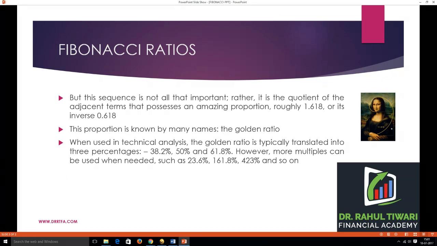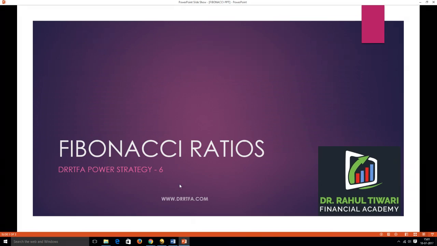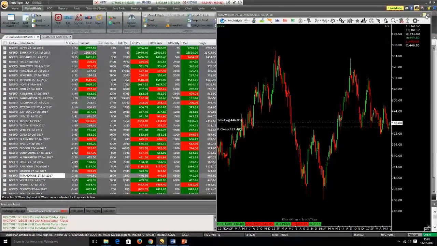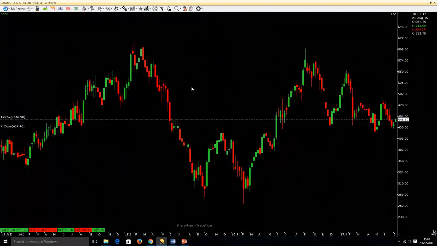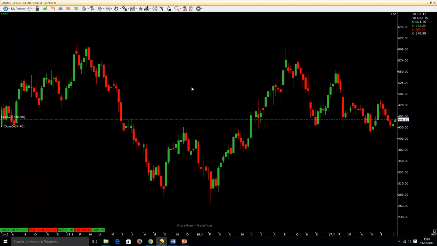And basically, you can put this into studies as a retracement or the extension. So let's see how we're going to use this for the retracement and the extension in our terminal. Let's straight away go back to our terminal here, Trade Tiger. Here, if we go to the charts, I'm on the weekly charts of Tata Motors.